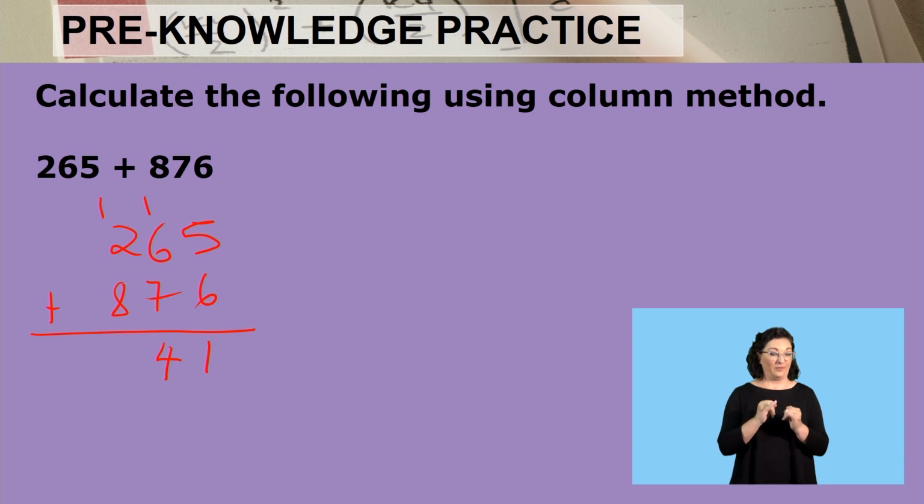But in all reality, this is 1,100. So we're going to write 100 here, and the 1,000 will go to the thousands column. And your answer then would be 1,141. And this is how we do column method.